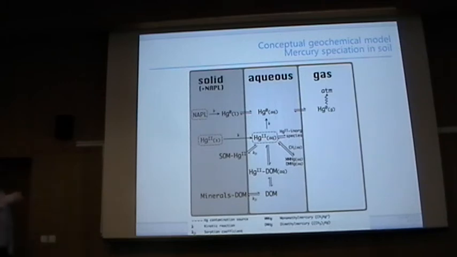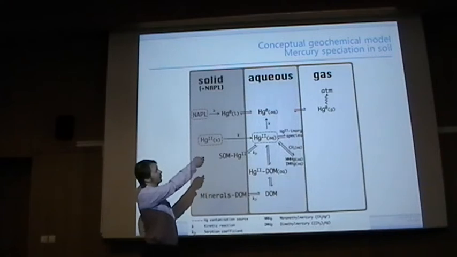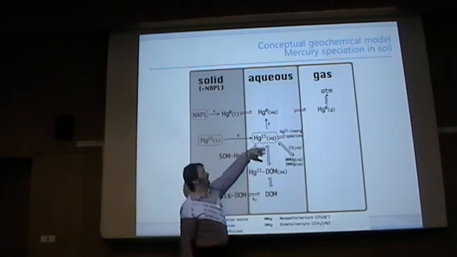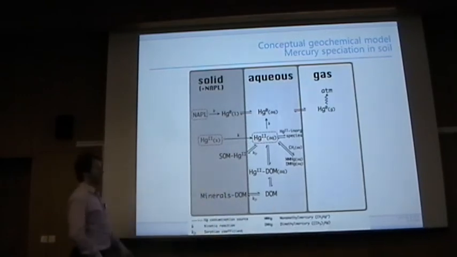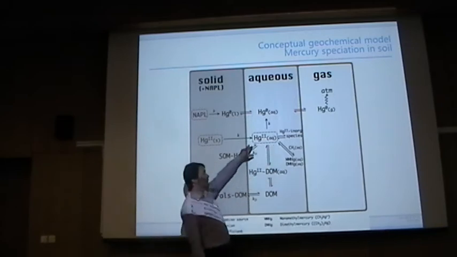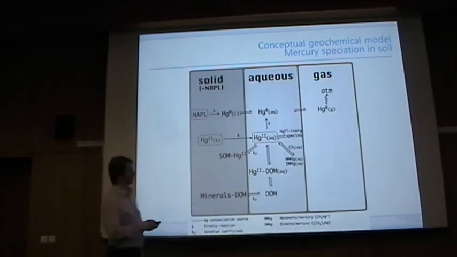We have some kinetic reactions, namely the dissolution process of mercury present as a liquid, or mercury present in a solid phase. So this will then produce either mercury 0 or mercury 2. We have a kinetic reduction process of mercury 2, and then we have all these equilibrium processes, inorganic speciation, and speciation to organic matter. I will go into more detail on that later on, but basically the flexibility within PHREEQC allows you to incorporate these kinds of networks.